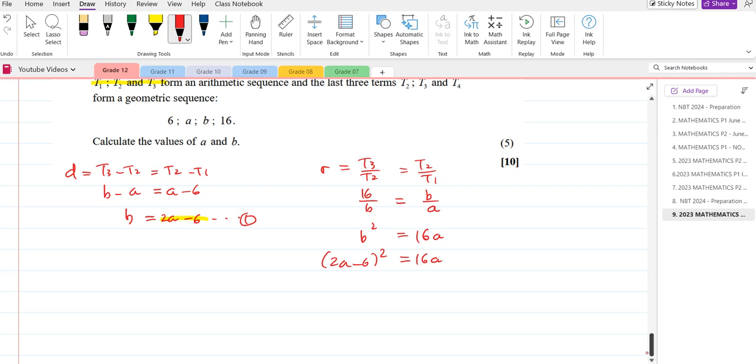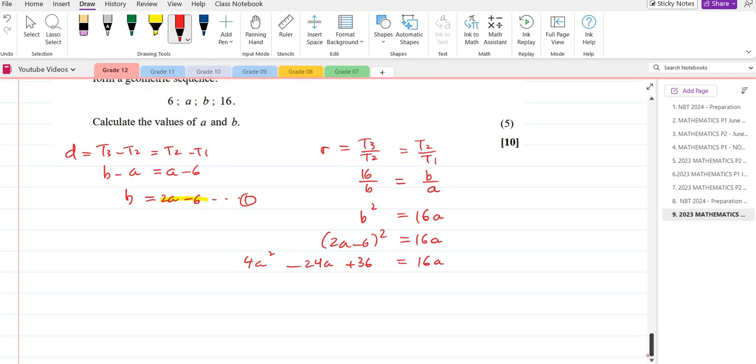Now squared is binomial, that's 4a squared, product of these two times 2, so minus 24a, plus 36, squaring the negative 6, is equal to 16a. Now if you simplify this entire equation, you're getting 4a squared minus 24a minus 16a is minus 40a plus 36 is equal to 0.